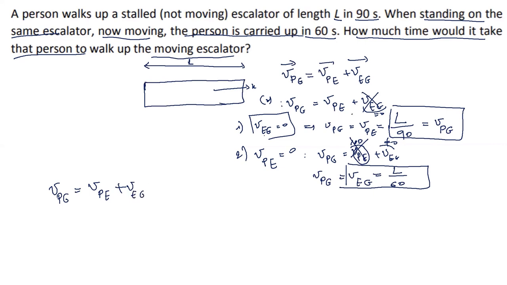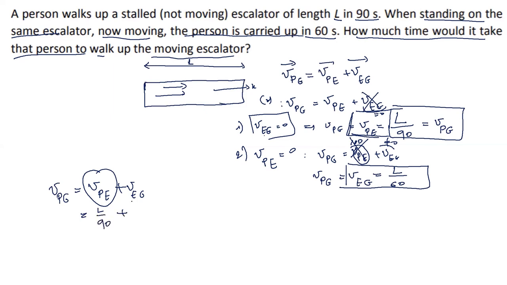Okay. So now, what is v_person here? In this case, both of them are moving. The person is moving up, but also the escalator is moving. Okay. So v_person with respect to the escalator will be what? It will be this. v_person with respect to the escalator is L divided by 90.